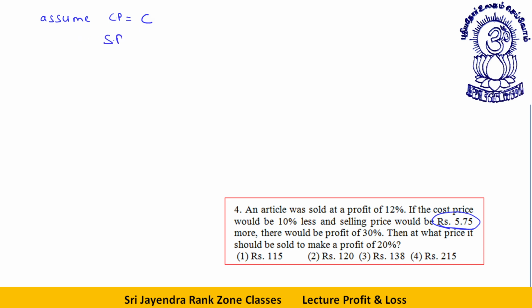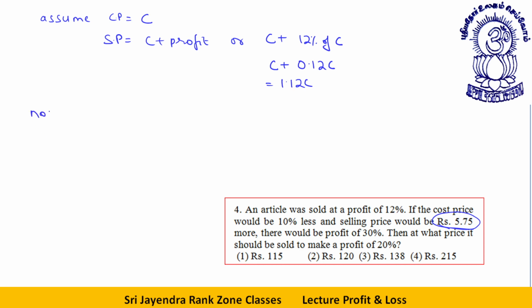Now, CP is equal to C. SP is what? SP is CP plus profit, or C plus 12% of C, that will be C plus 0.12 C, that will be 1.12 C. If the cost price would be 10% less and the selling price would be rupees 5.75 more.